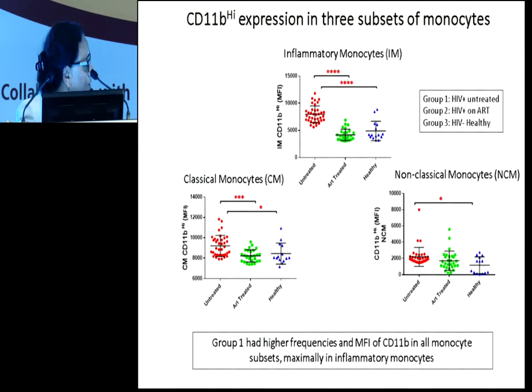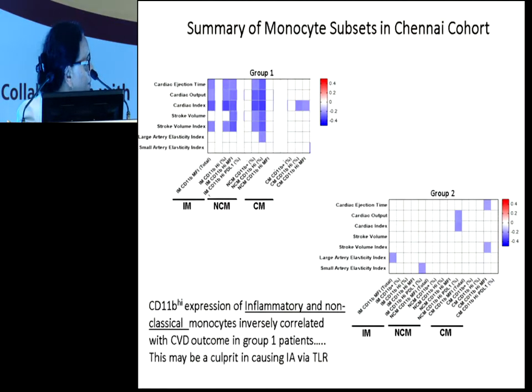But when we looked at the CD11B high expression, it was quite clear that group 1 had the higher frequencies of CD11B in all the monocyte subsets, particularly in the inflammatory and the classical monocytes. And this is a heat map showing you the summary of the monocyte subsets in the Chennai cohort.